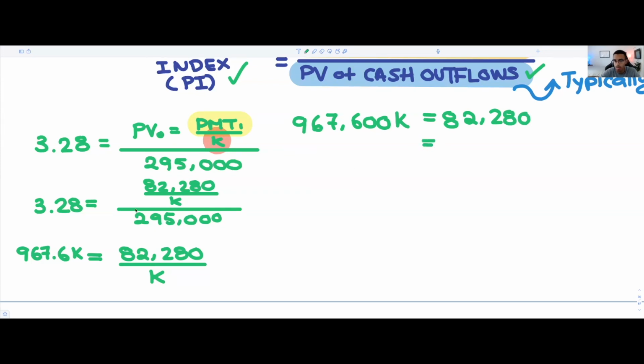And you could do this in a few ways, but you could just take that amount and divide it by that figure in mind.